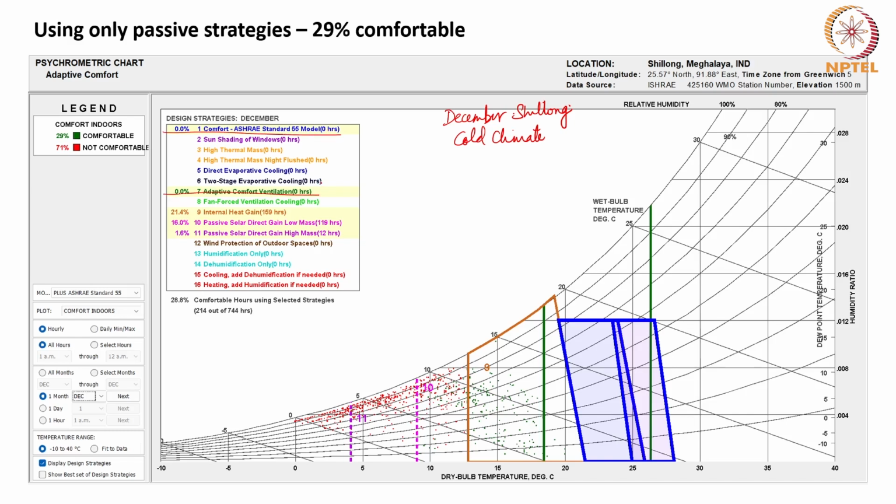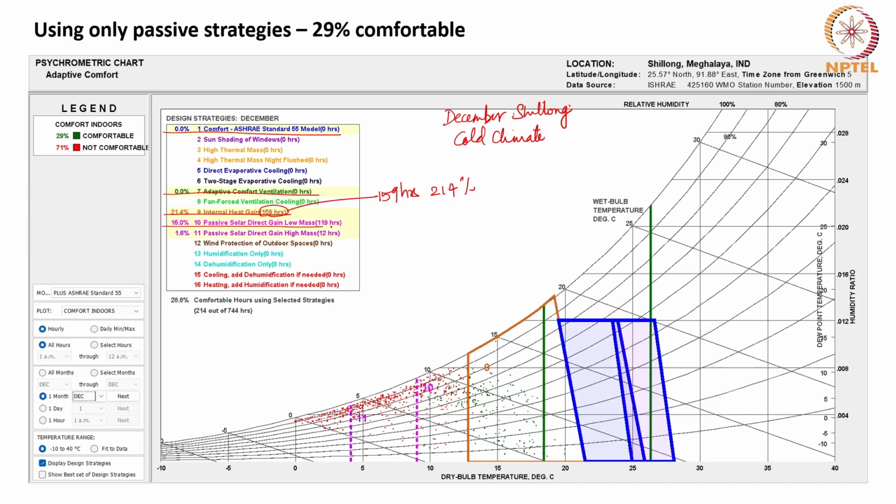Adaptive comfort ventilation is not going to be helpful. Internal heat gain can help 159 hours or 21.4% to shift from uncomfortable to comfortable time.